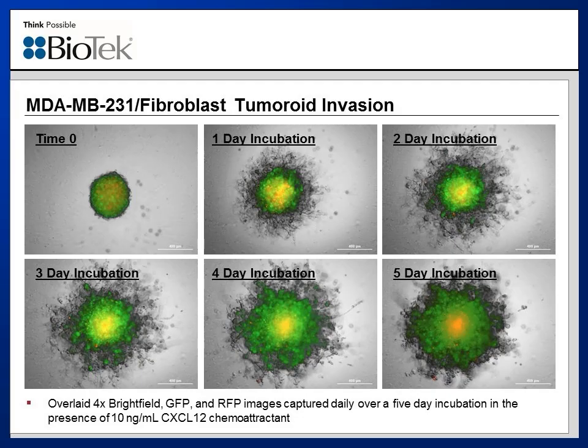Each picture is actually an overlay of individual images that were captured using bright field, GFP, and RFP imaging channels. The bright field image shows the state of the entire structure, including cells and invadopodia, while the GFP and RFP images display the extent of invasion of either the MDA-MB-231 breast cancer cells or fibroblasts, respectively.